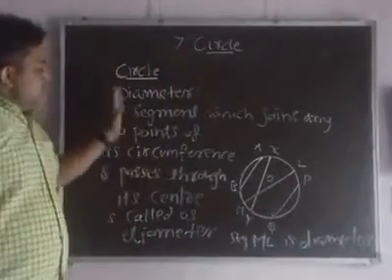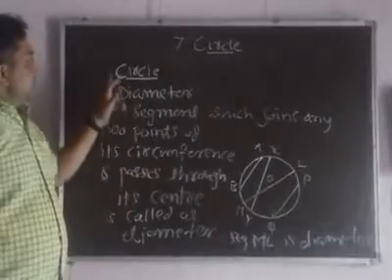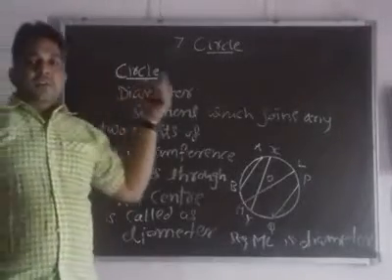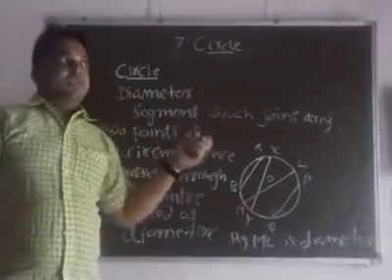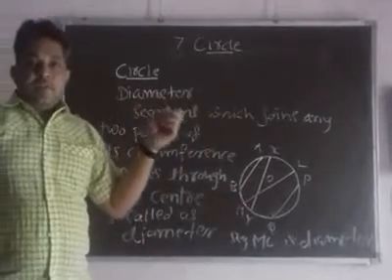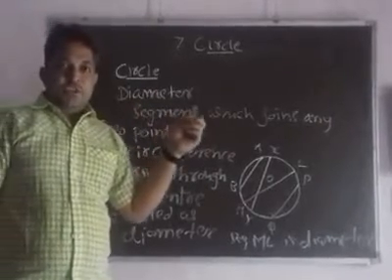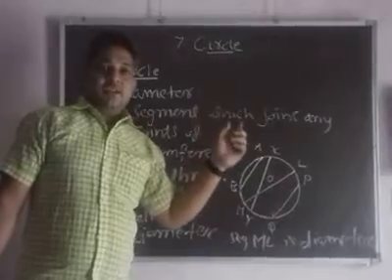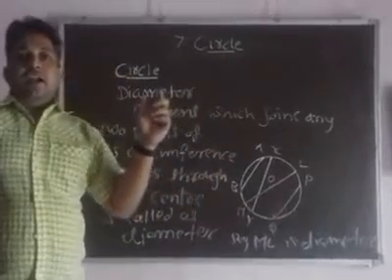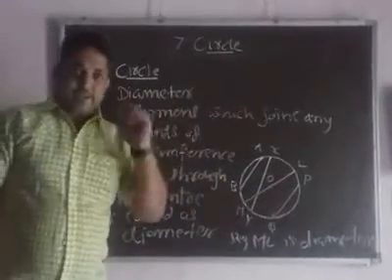So, these were the terms regarding a circle. The first, the radius. What is a radius? A radius is a segment which joins the center of the circle and any point on its circumference.